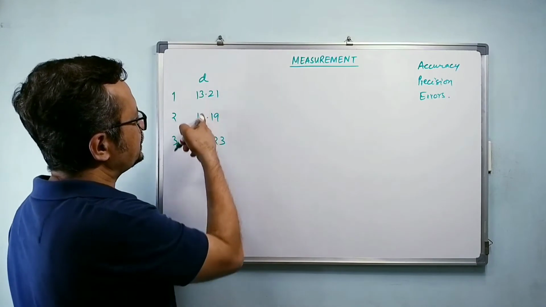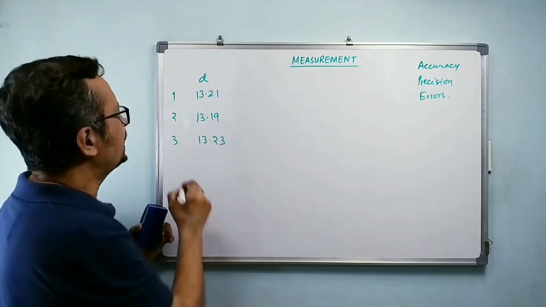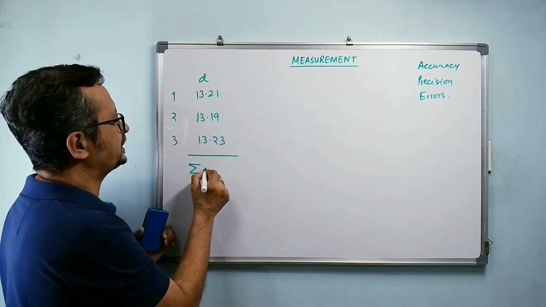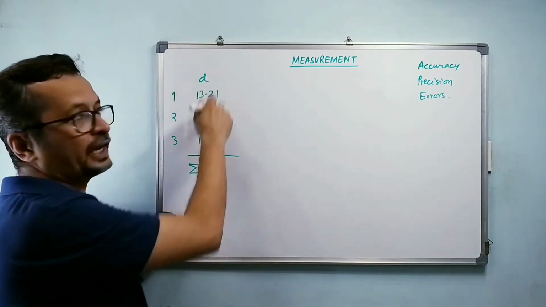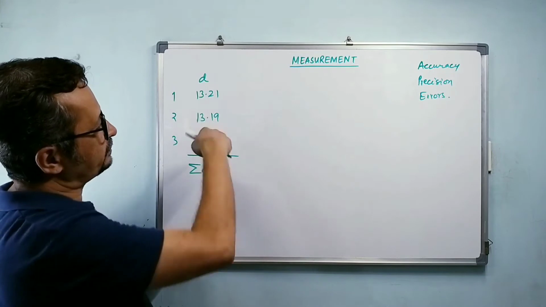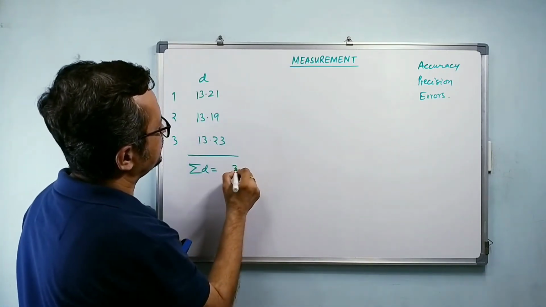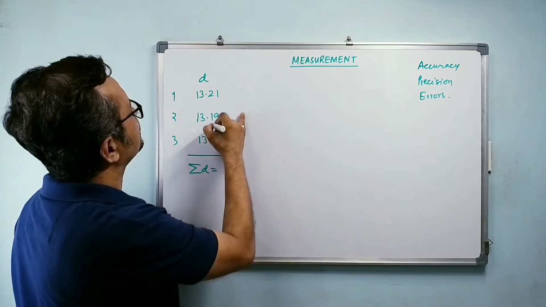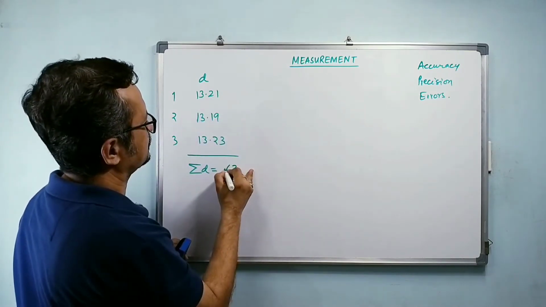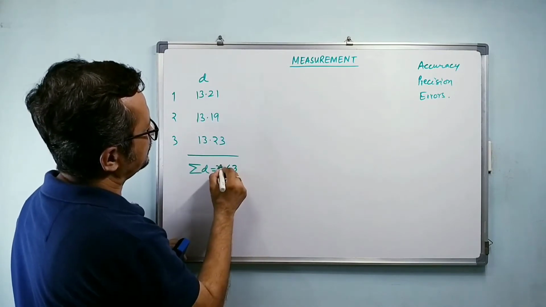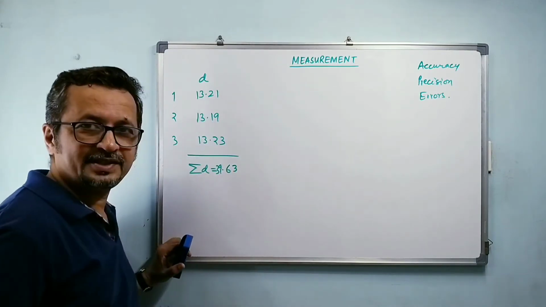So this is my D1, D2 and D3. I take the summation of that, sigma D, adding all 3 of them, and this would be 39.63.